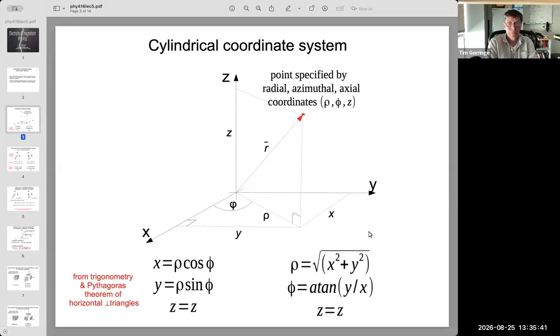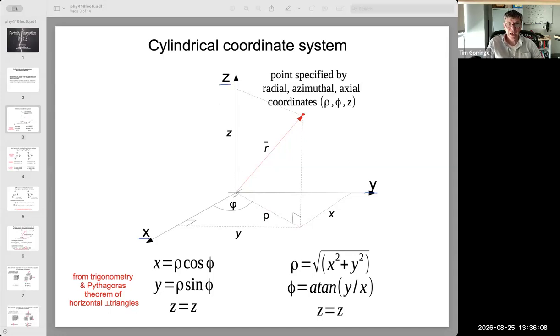So this slide introduces the cylindrical coordinate system, which is the coordinates rho, phi, and z in terms of the rectangular coordinate system, x, y, and z. So on the plot here, here's x, here's y, here's z.